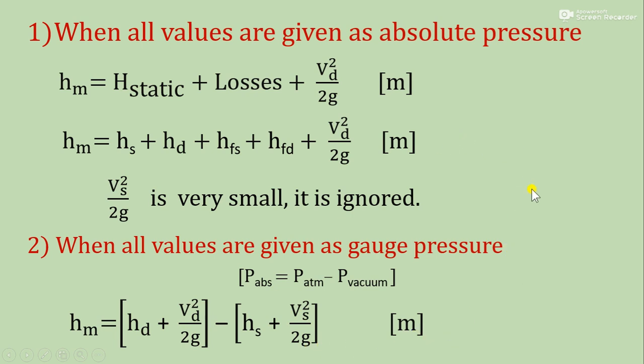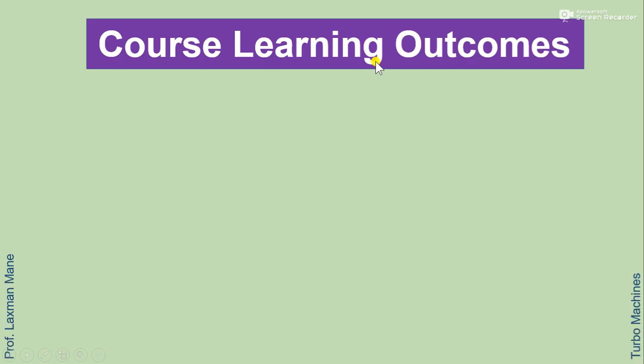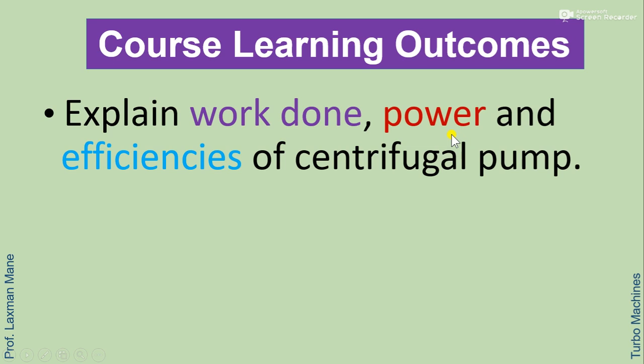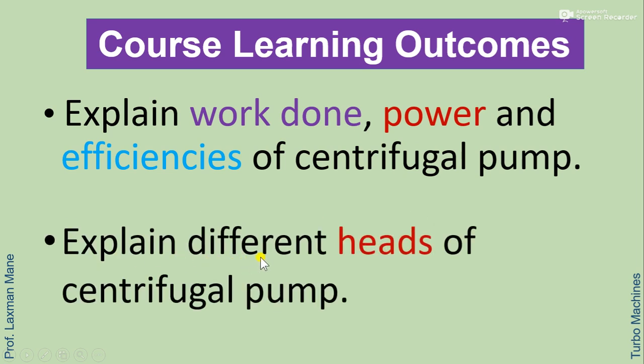Now these two kinds of formulae we will use in the numerical as per the given requirement of data. So at the end of this session, you can explain work done, power and efficiencies of centrifugal pump, and you can explain different heads of centrifugal pump.